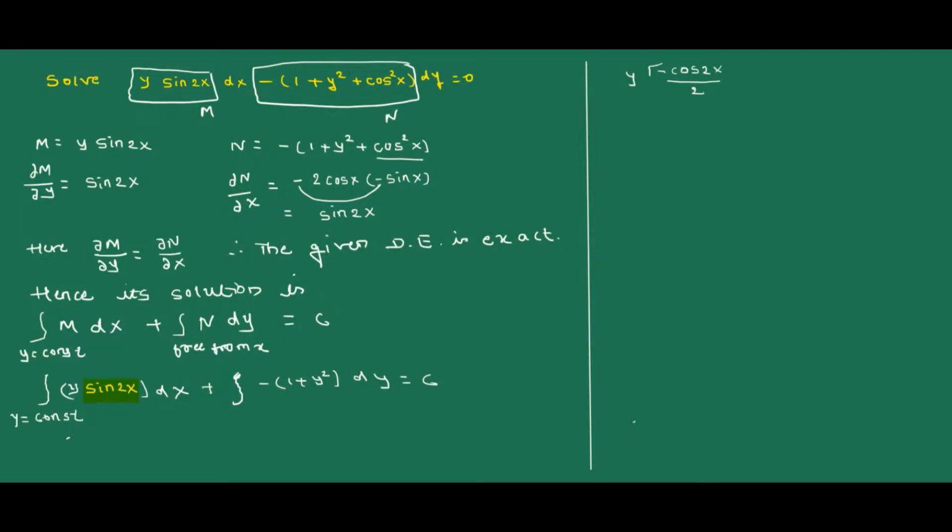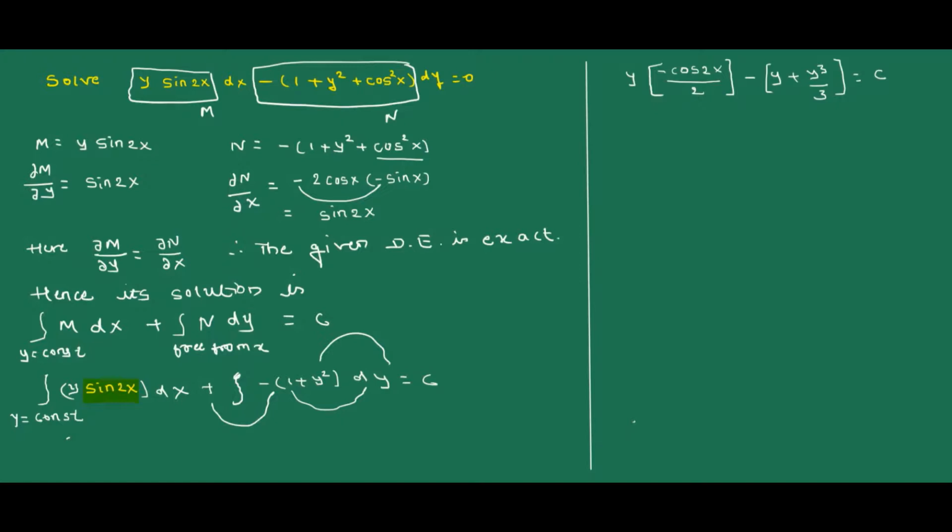Plus into minus is minus, so I will write a minus sign. What is integration of 1 dy? Integration of 1 dy is y. And what is integration of y square dy? Integration of y square dy is y cube divided by 3. Bracket complete is equal to c.